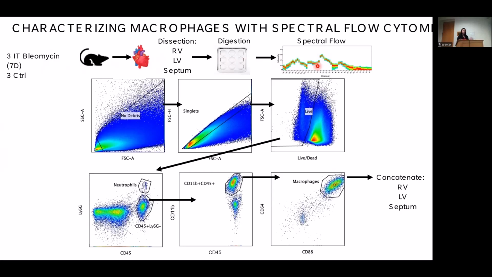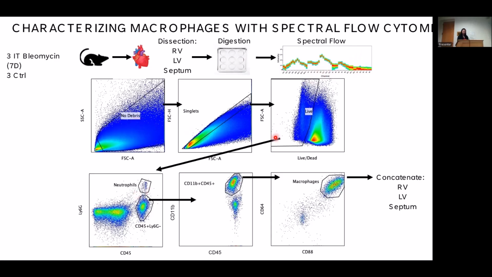The spectral flow cytometer then unmixes all the signals, so you don't have to do compensation and worry about overlap of signals as much, even with up to 20 or more markers at the same time.